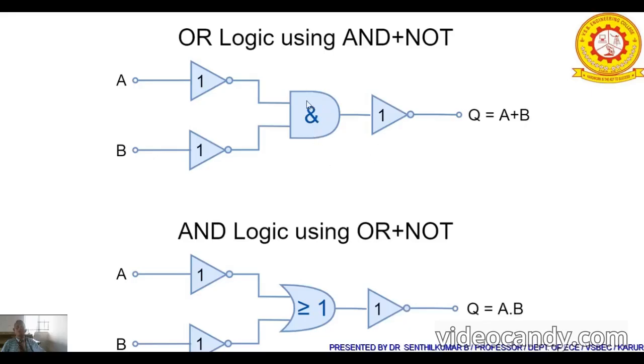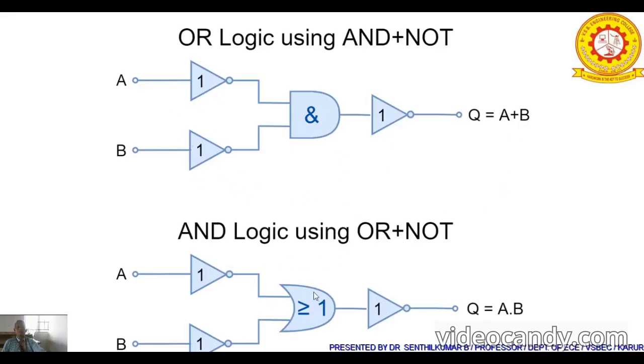See here, the AND operator is converted into an OR operator with the idea of this logic, NOT operation. See, OR logic is this one. Wherever you see plus, it is OR logic. Now look at here. This is AND operation. These three are NOT operations.